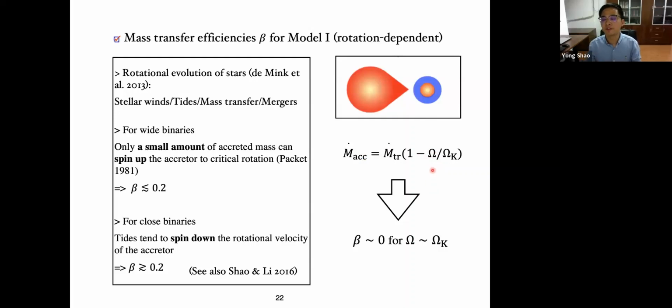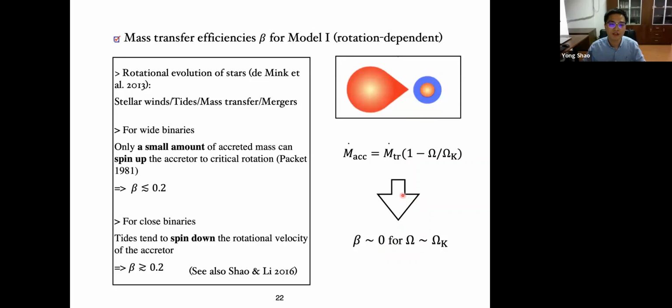So if the angular velocity of the accretor is close to its critical limit, the mass transfer efficiency beta is about 0. So in this case, the accretor can hardly accrete.